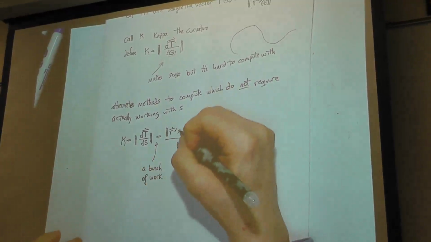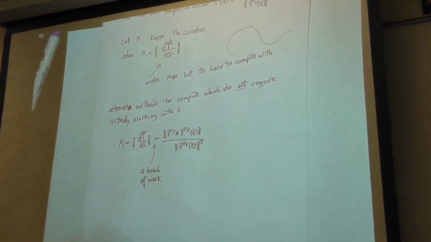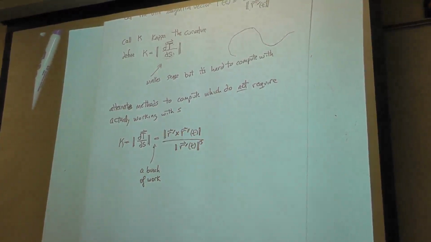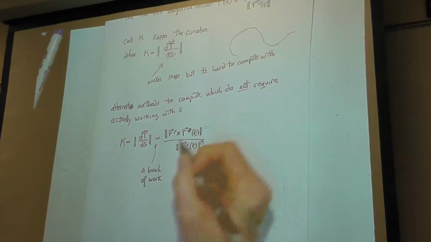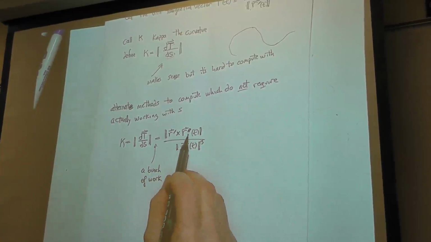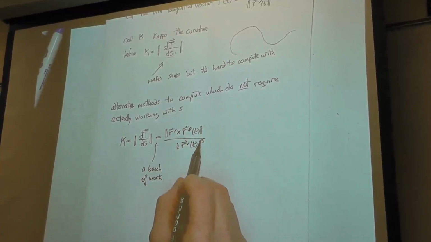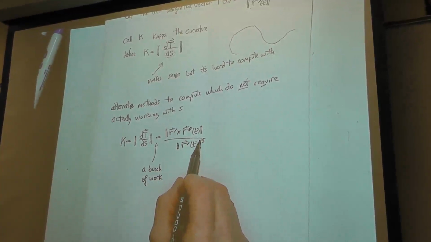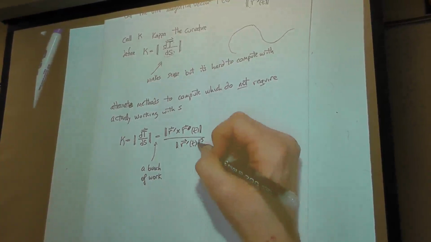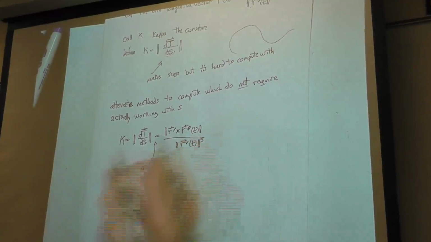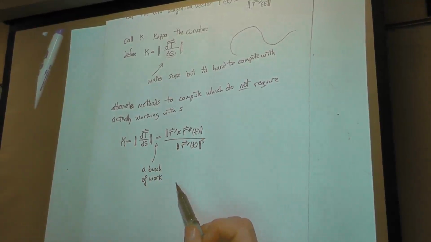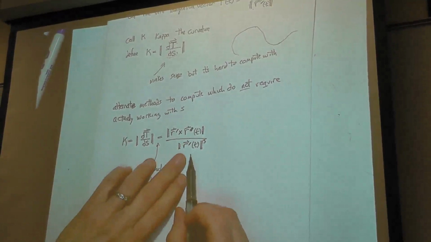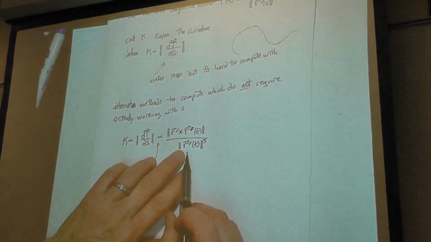That's a cross. Is that R double prime on the right? Yes. So R prime crossed R double prime, take its magnitude, and then divide by the cube of the magnitude of R prime. Why this would have anything to do with curvature, if you looked at it, doesn't at all look like it.